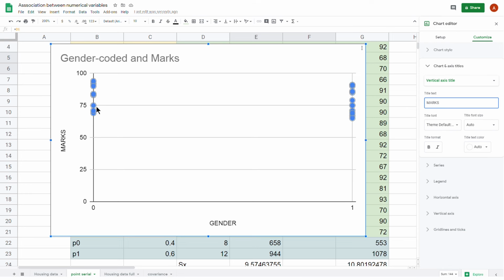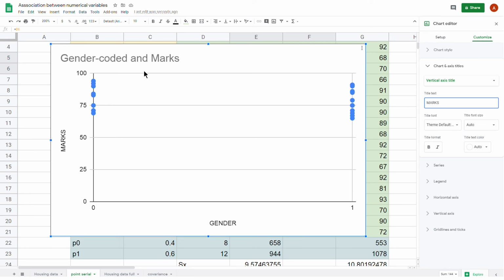Whether it is male or female, all of them have obtained marks in the same range. So, the scatter plot tells us an important story here: irrespective of gender, the distribution of marks seems to be the same, because both female and male seem to have performed equally well in a particular range.